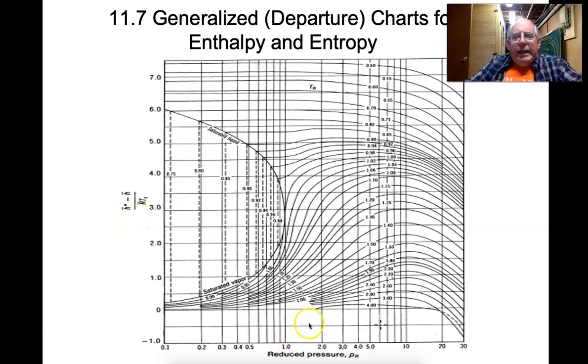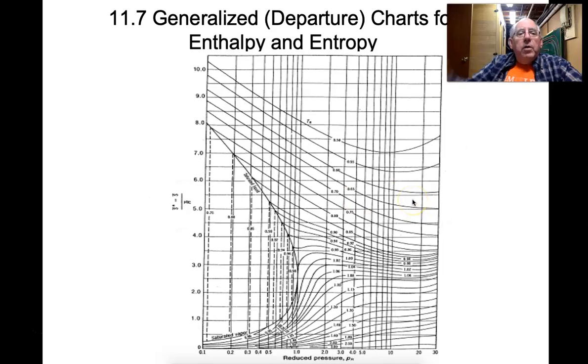But for any other higher pressures at temperatures above the critical, and that's what we're seeing here, T sub R's that are above 1 up to 4 here, we then see that this correction factor, this departure, takes on a certain value. And again, that departure is relative to the RTc value.